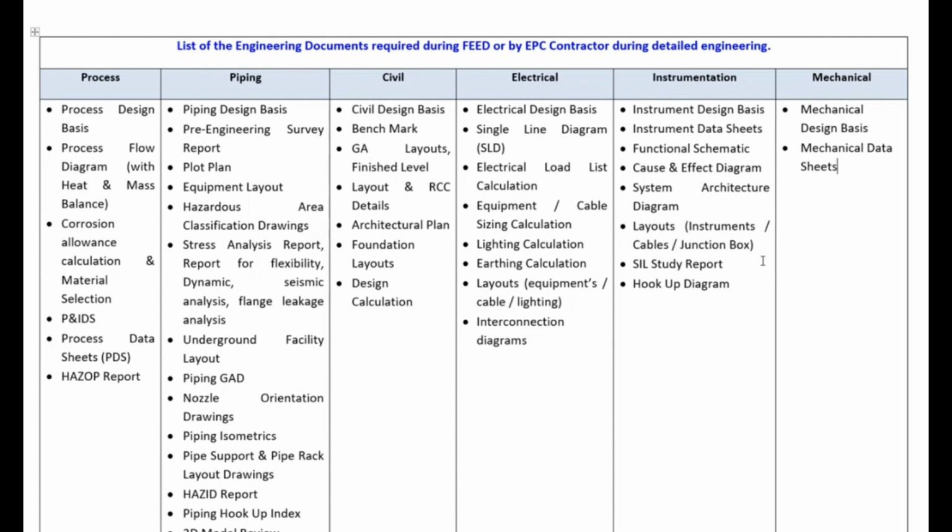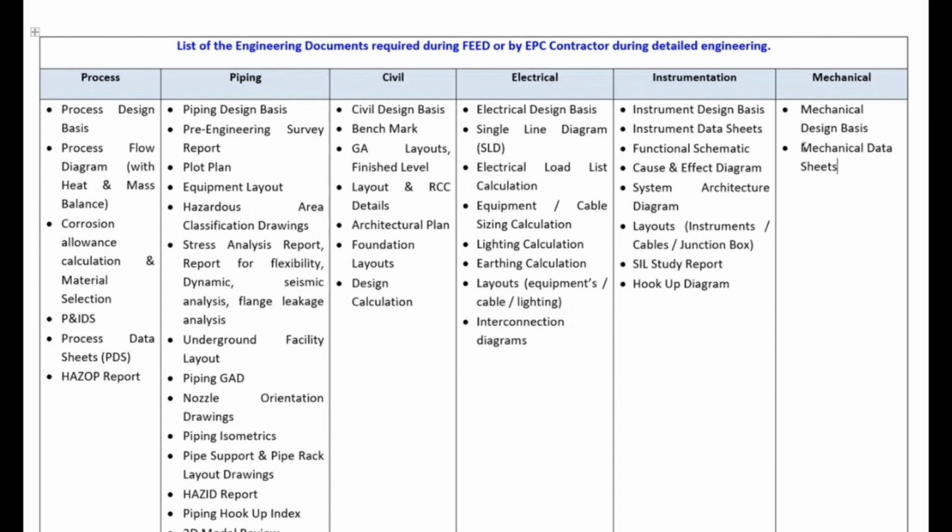So this is about instrumentation. Mechanical is a very light thing, to be very honest with you, because the mechanical design basis is developed first, and then the mechanical data sheet is developed. So when the compressor arrives at site, for example, based on the mechanical data sheets, piping hookups are as per piping drawings, electrical hookups as per electrical drawings, foundation as per civil drawings, and instrumentation as per instrumentation.